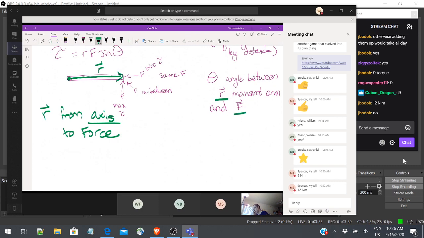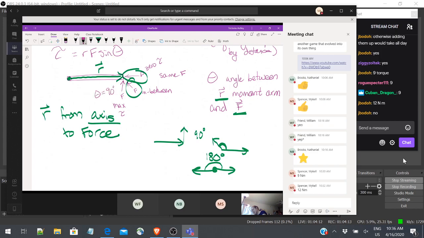And theta is our angle between R and F. So for these two, it would be 90 degrees. For this one, you're kind of looking at this angle, right? And then for this one, it would be 180 degrees, right? Does that make sense? So this is theta equals 90, this is theta equals 180, and this is some theta value in between.